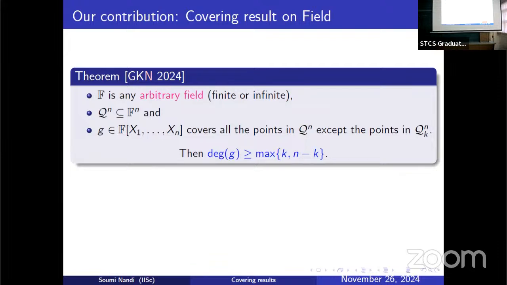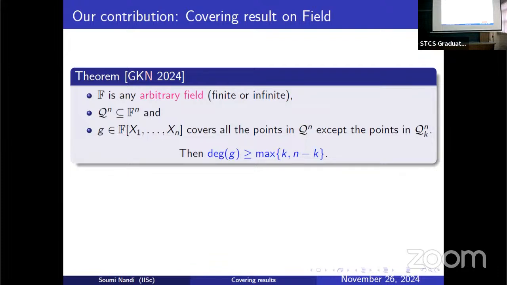Then the degree of G will be at least the minimum of k and n minus k. Previously we saw the same result in R, but in any arbitrary field, the lower bound remains the same.